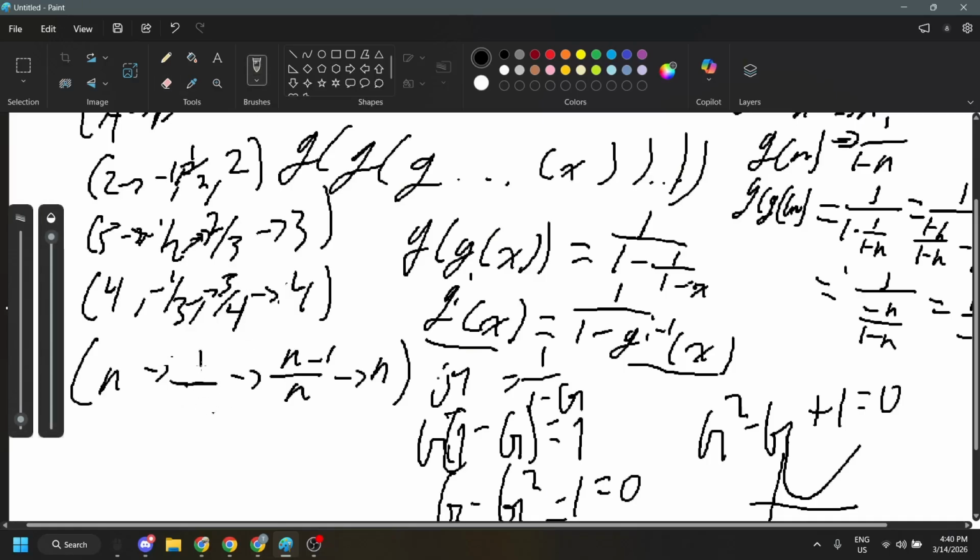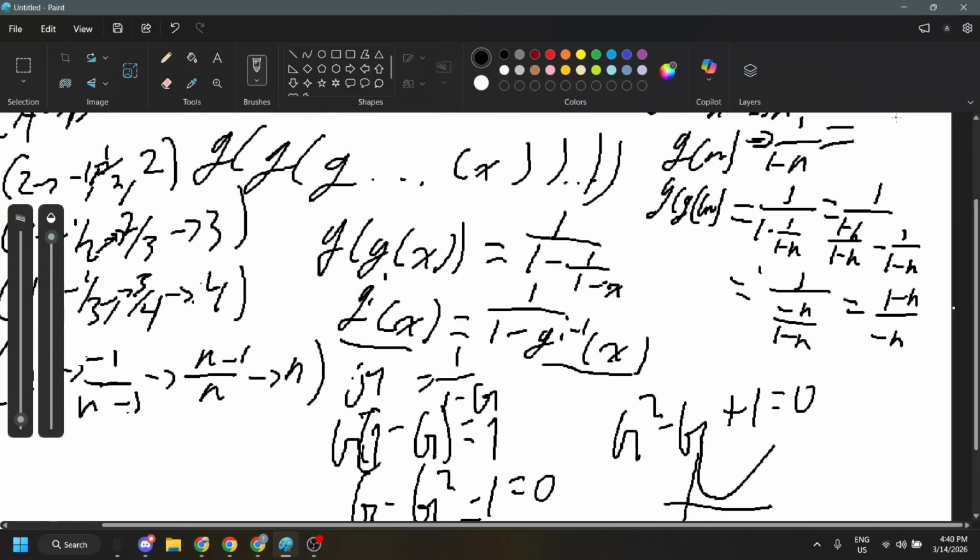Oh, I'm confusing myself. 1 over n minus 1, negative version of that. And then n minus 1 over n. I'm going to rewrite this as negative 1 over n minus 1. And then this is equal to n minus 1 over n.